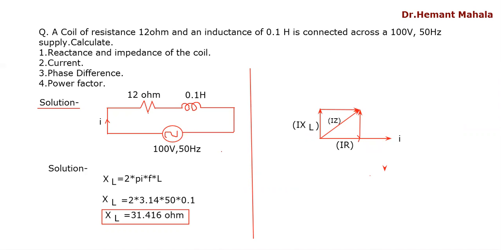This is total voltage V, and this is total current I. So the angle between voltage and current is what? Phase angle. So here it is phi, because phi is the angle between total voltage and total current phasor.